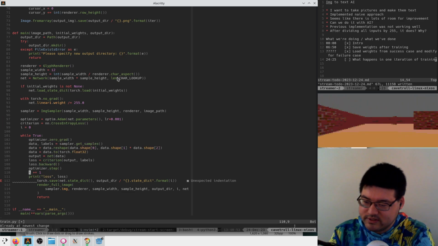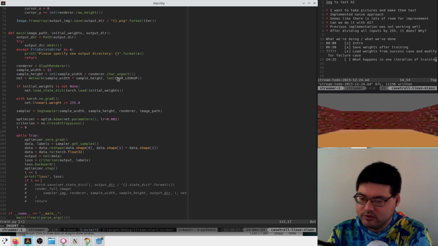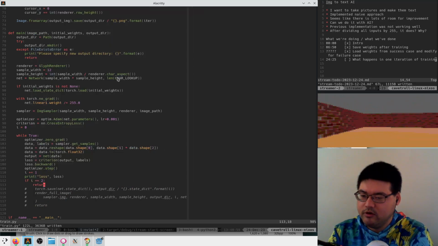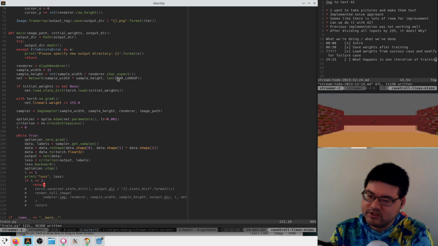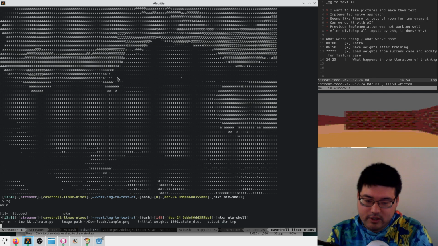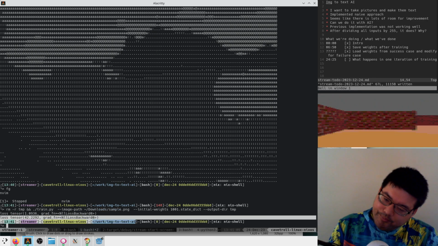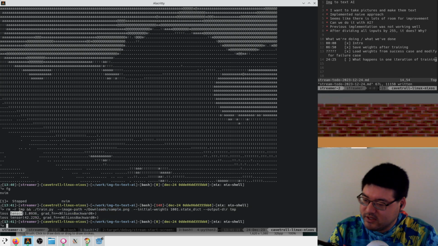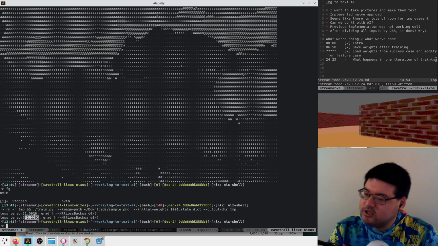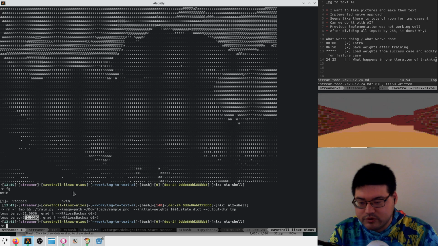Stub out all of this saving stuff. All I care about is the loss right now. And we'll say if I is equal to 2, return. Just 2 iterations. Let's see what happens. So we load an initial state dictionary that was pretty good, and boom. So that's interesting. We do see that we go from pretty good to pretty bad immediately, which is kind of interesting.